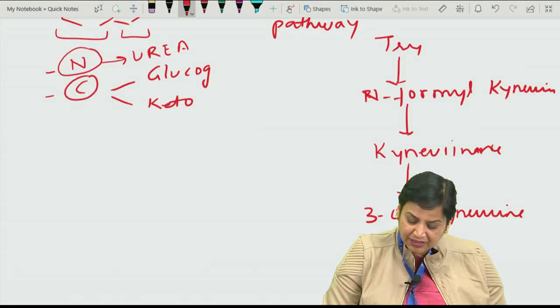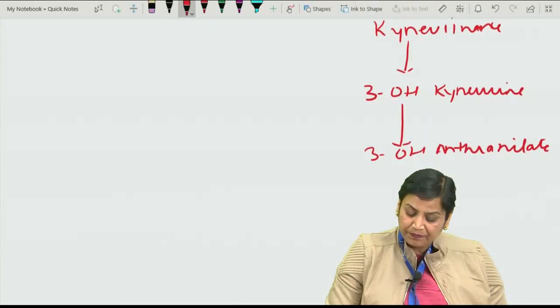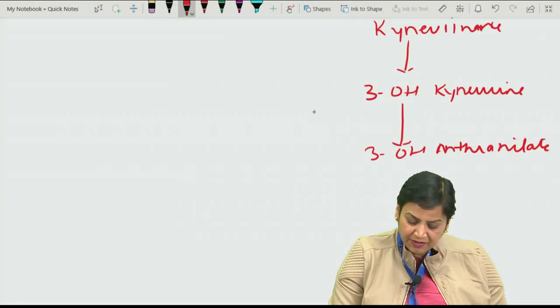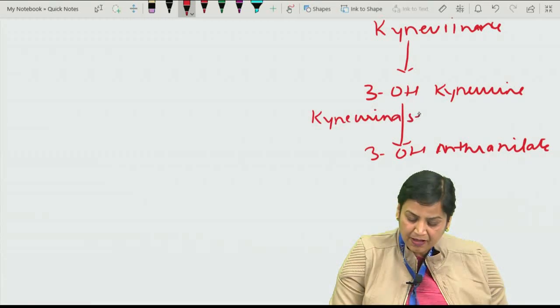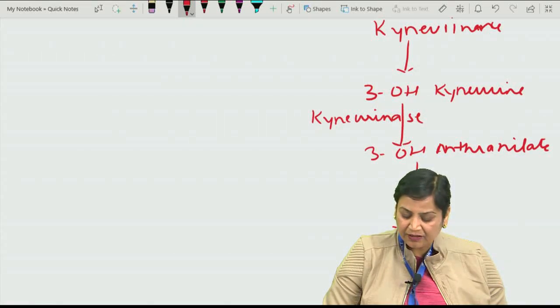This 3-hydroxykynurenine is converted into 3-hydroxyanthranilate or anthranilic acid in the presence of the enzyme kynureninase, and this 3-hydroxyanthranilate, by a two-step reaction, finally forms nicotinate, or you can say NAD, or you can say niacin.